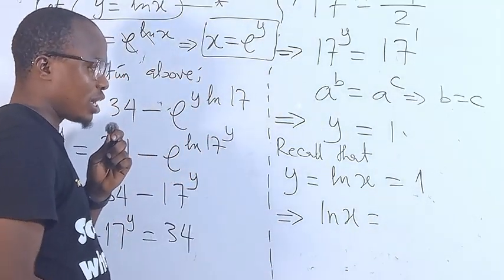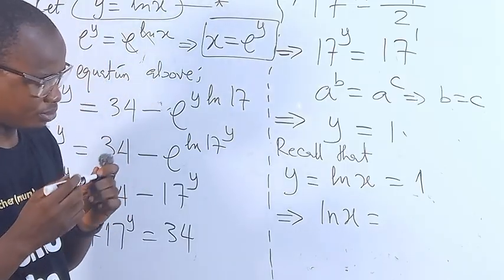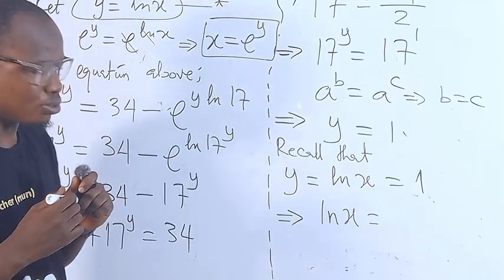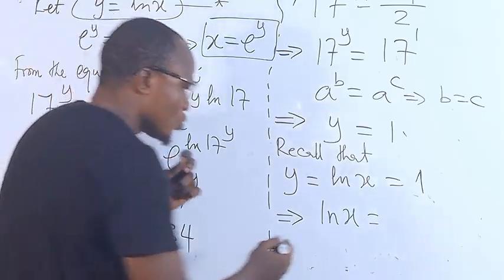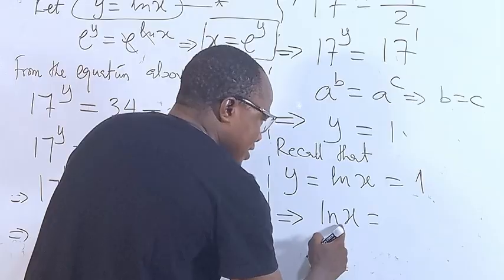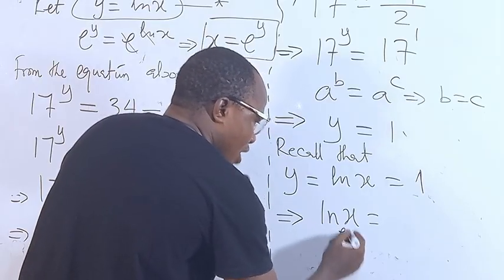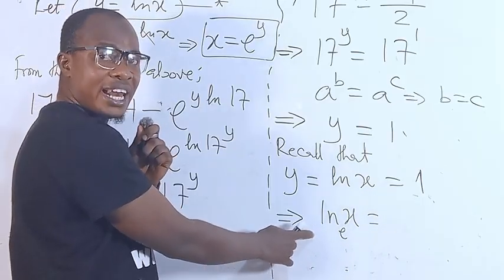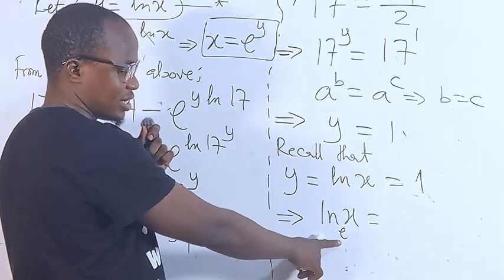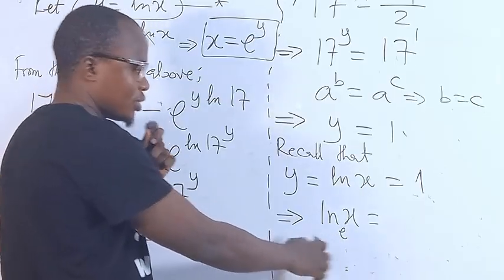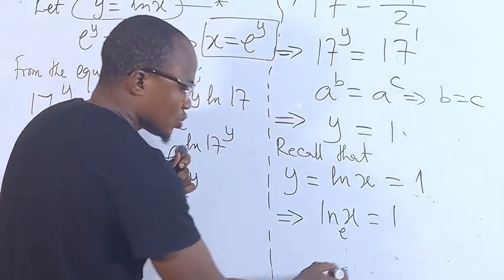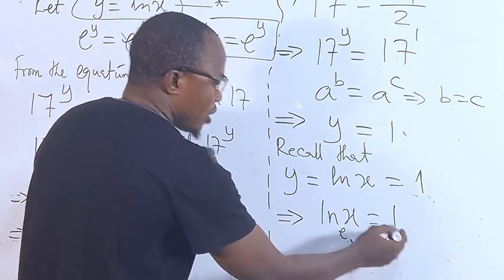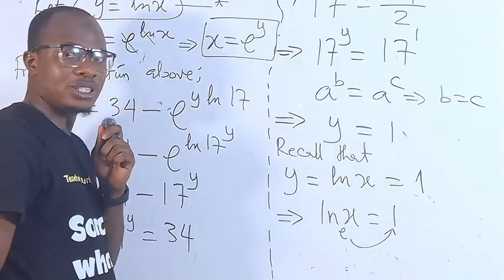So what are we going to do? You should know that the base for ln is e, which is the natural logarithm. So if you raise e to the power of 1, are you getting it?